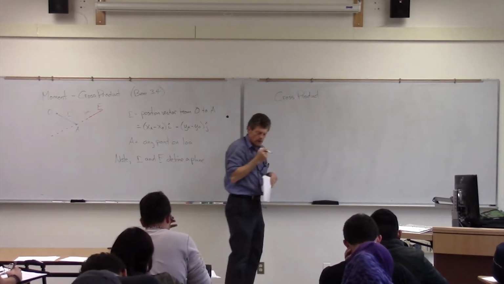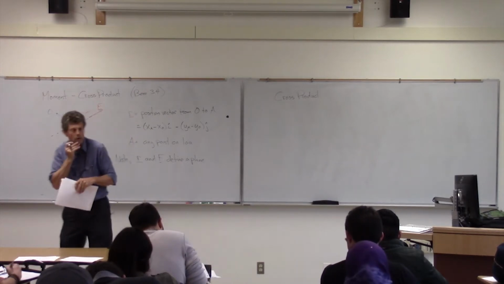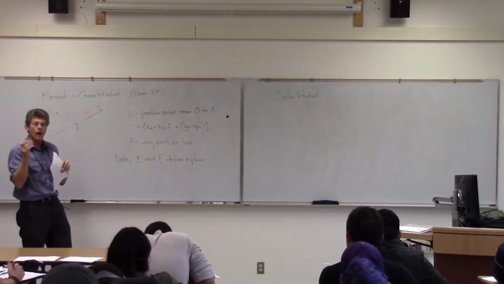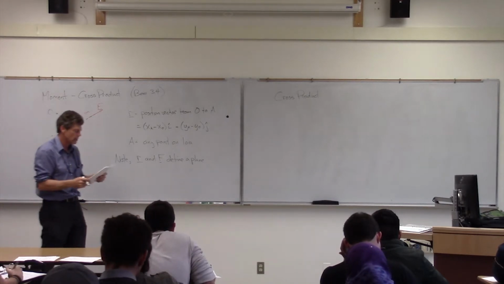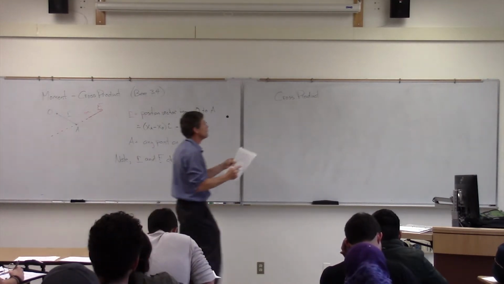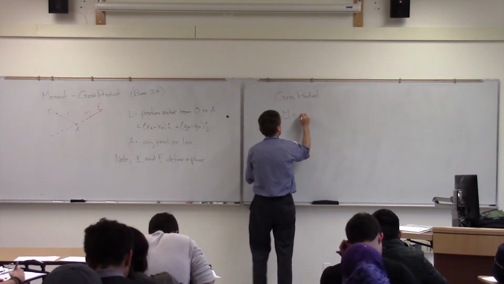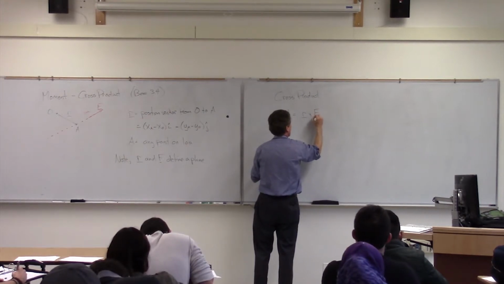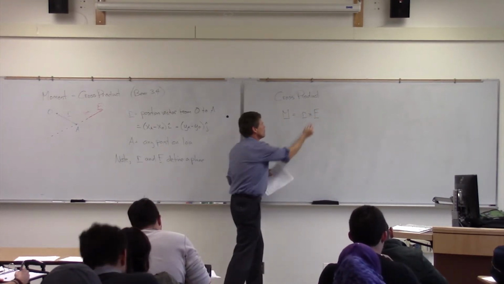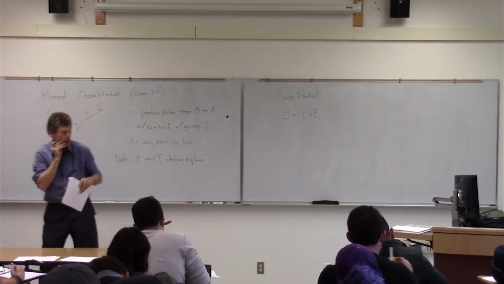Now, cross product is simply the multiplication approach for vectors. There are actually two ways of multiplying vectors, and for the cross product we use a big X. You'll see that when you look at your math books.